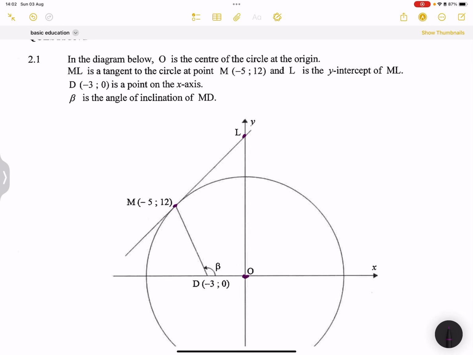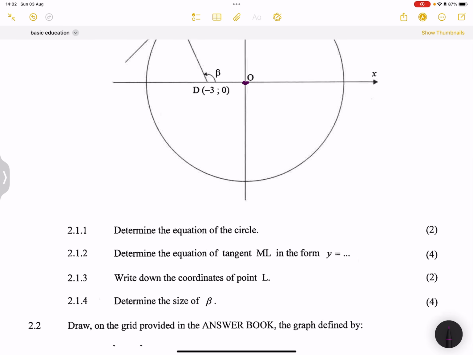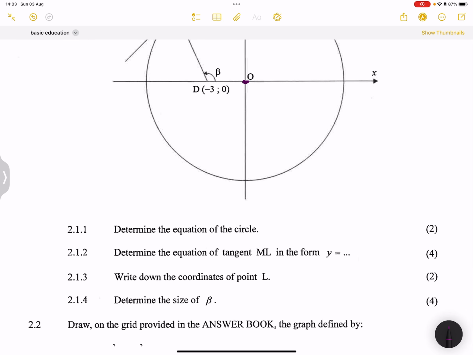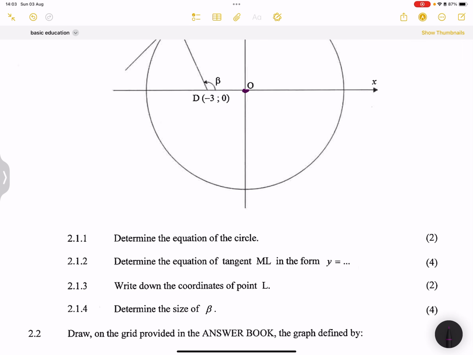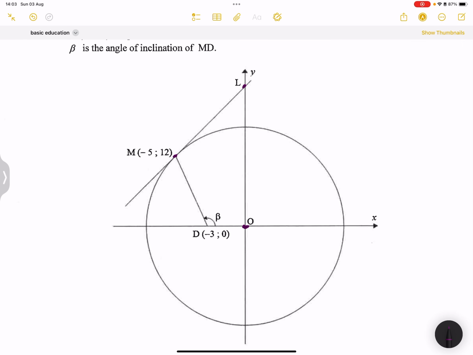They say to us, determine the equation of the circle. So first of all, we need to find out what the radius is. We know that our center is at (0; 0), so we need to find the radius. There's a point on the circumference, which is (-5; 12).